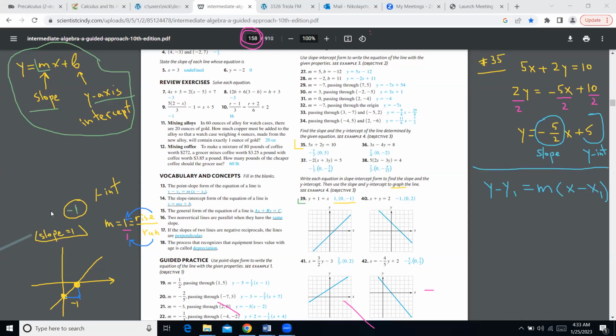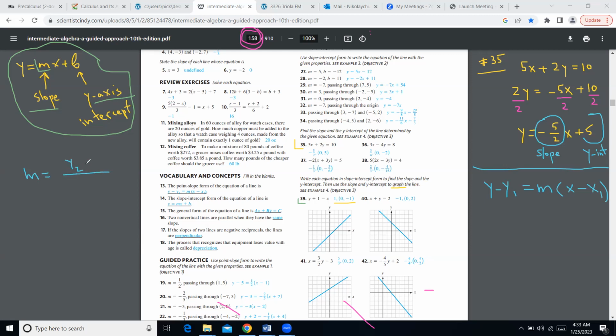Remember, we had x1, y1, x2, y2. So these are coordinates of points. So slope was a fraction, y2 minus y1. Today is a formula day, so I guess I don't want to give you a quiz. It may be a little bit too much.